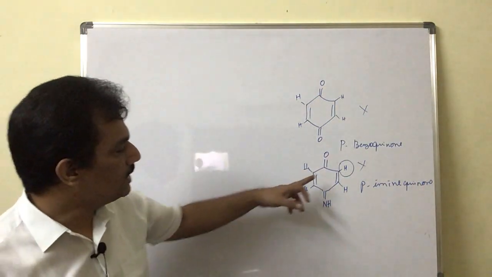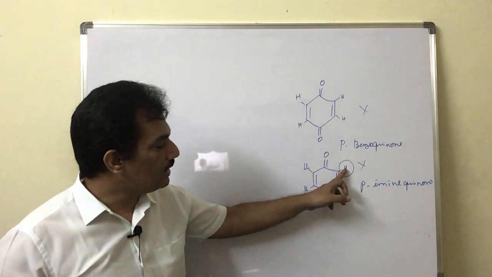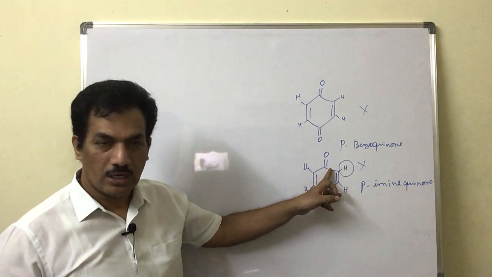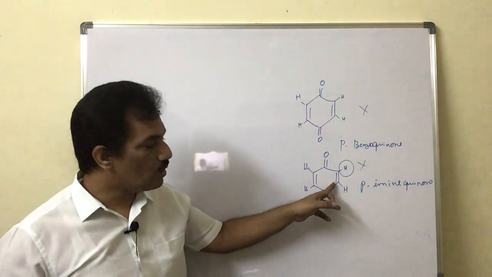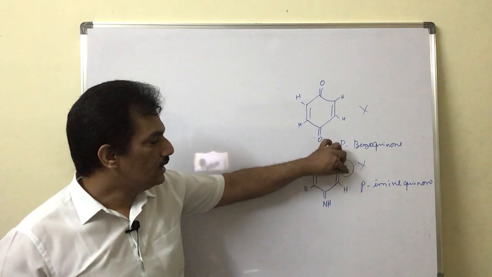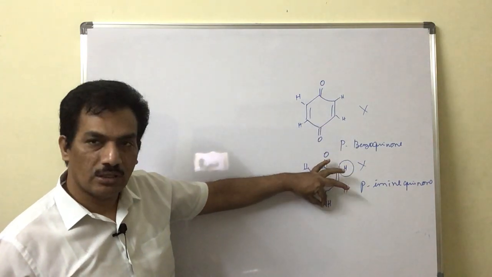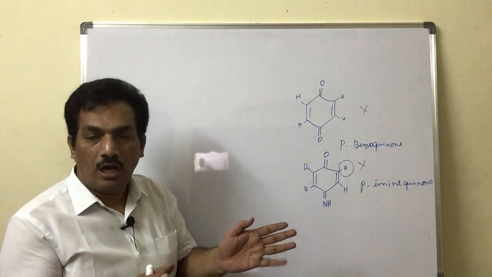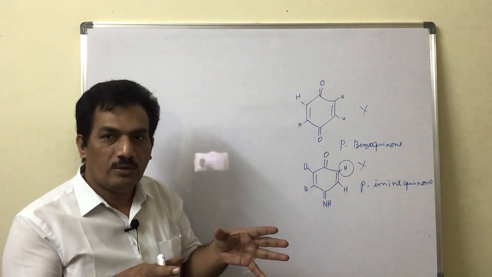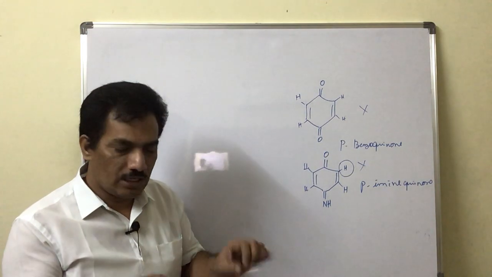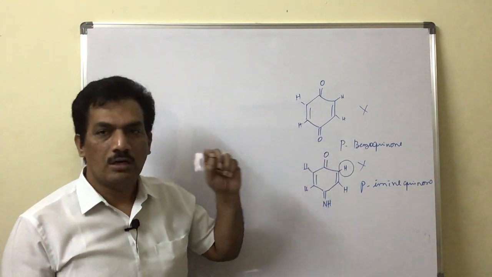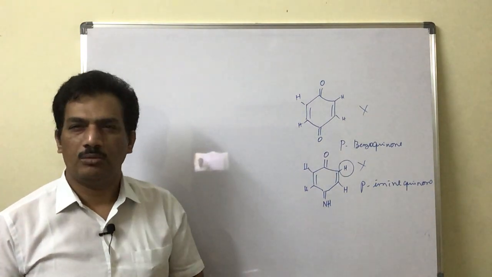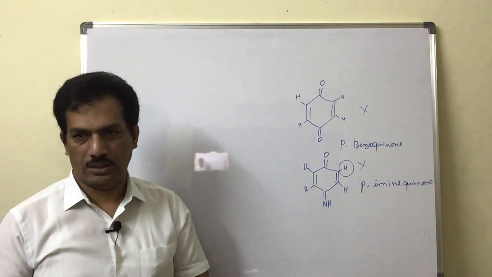When it has to migrate, the bond has to be shifted to this, but at the same time this is also offering this hydrogen. Its migration is restricted by this. So when the opposing factors are equal, the migration of hydrogen is restricted. That's why even though these 2 compounds obey the required conditions, they fail to exhibit tautomerism.